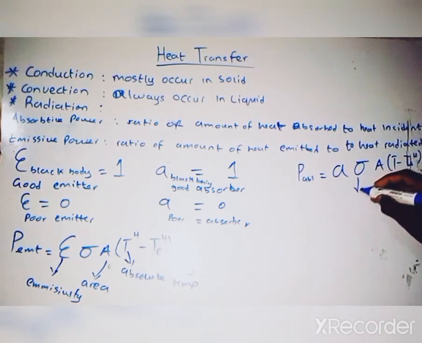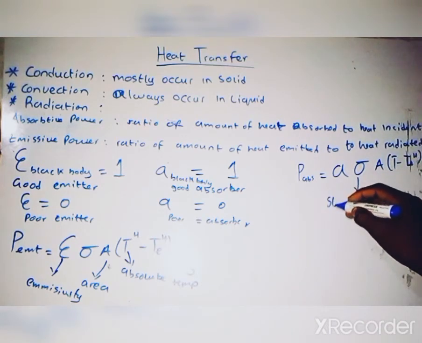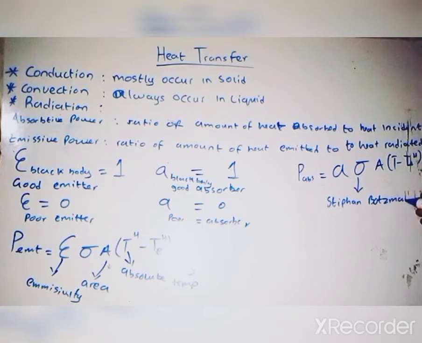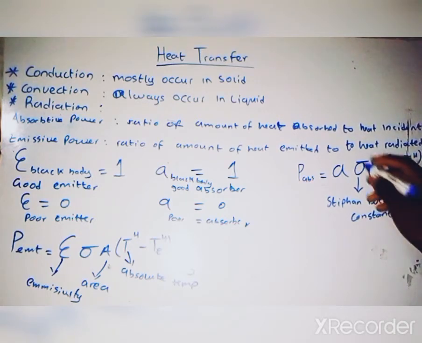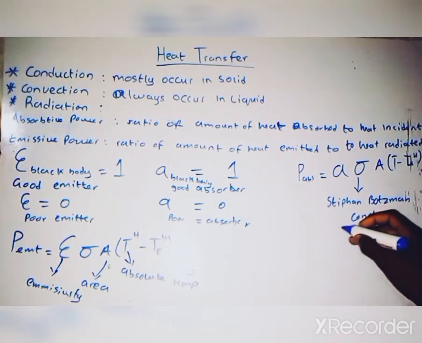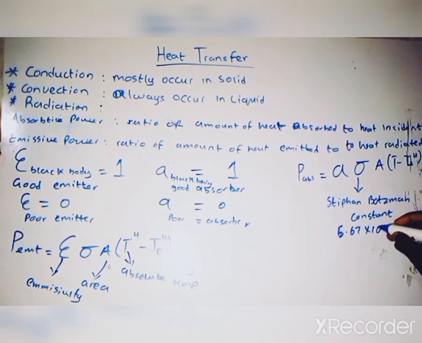This sign here is called the Stefan-Boltzmann constant. When you see it in this radiation topic, it is 5.67 times 10 raised to power minus 8.